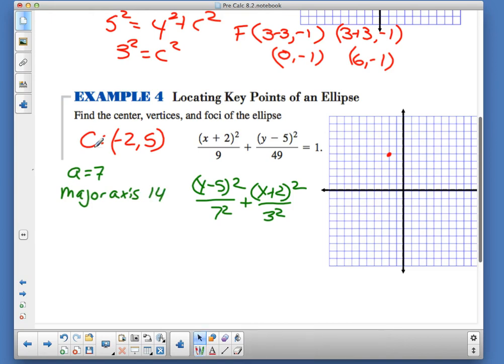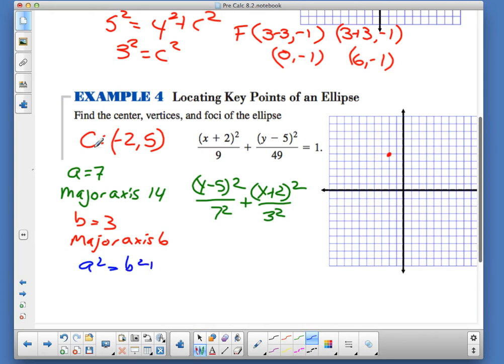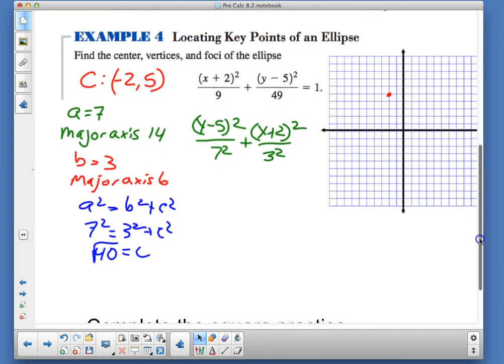I know that B is 3, so that's a minor axis of 6. I now can find C. A squared is equal to B squared plus C squared, where I've got 7 squared equal to 3 squared plus C squared, and that's 49 minus 9, so 40, the square root of which is C, as we step.